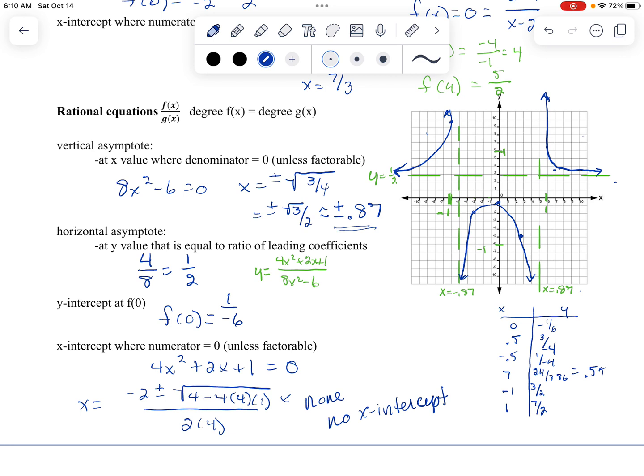If we had found right here 2 values, then maybe this graph would have popped up a little bit over the x-axis and given us a couple of intercepts. In this case, the graph does not. And that's how to graph a rational equation, where the degrees on top are equal to the degrees on bottom.